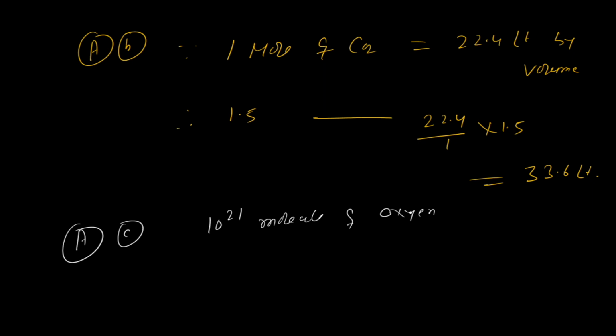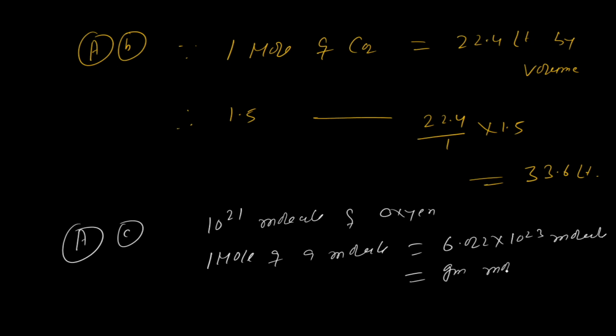As you know, again I am repeating, 1 mole of a molecule is equal to 6.022 into 10 power 23 molecules. That is equal to the gram molecular mass, and this is equal to 22.4 liter. Now have a look here. You just interrelate the number of molecules to the liter.